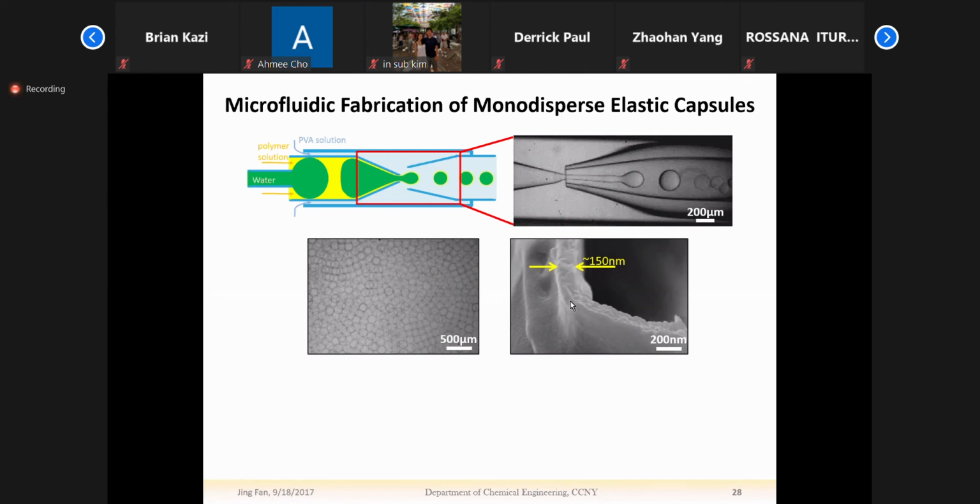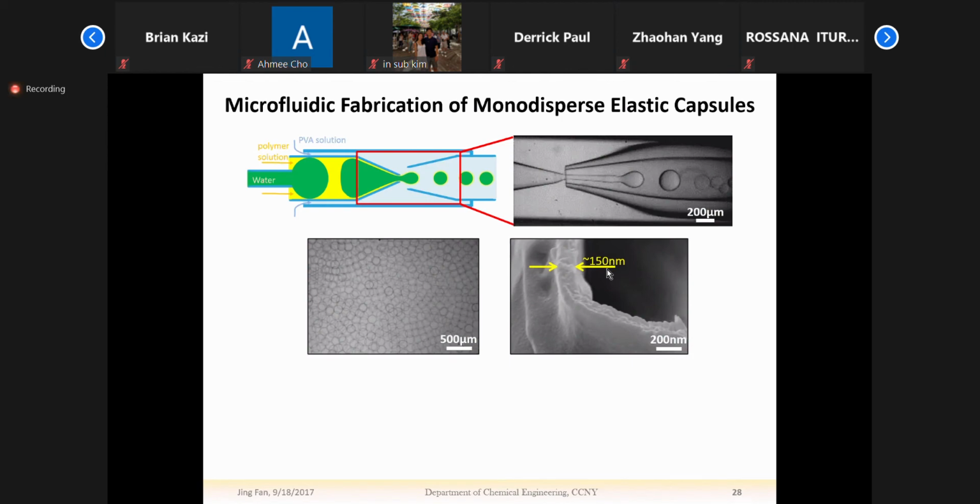After it becomes solid, we use SEM to look at the thickness of the shell, which is 150 nanometers thick. Remember, in the liquid phase, it's about 1 micron, so a few times this. After we remove all the solvent, the solid thickness is 1 order of magnitude smaller.